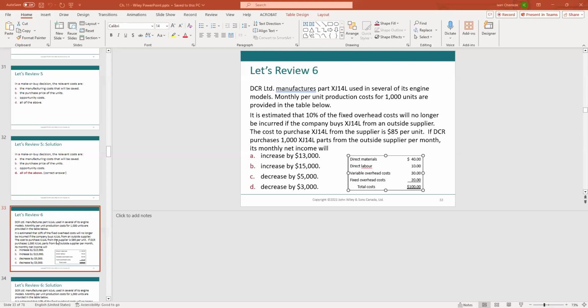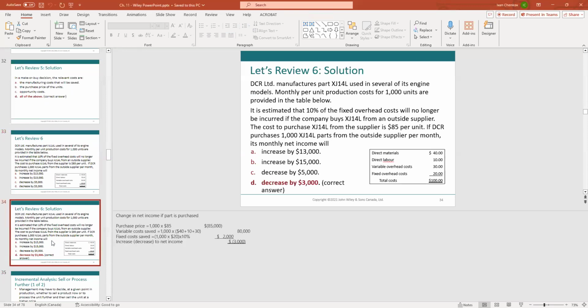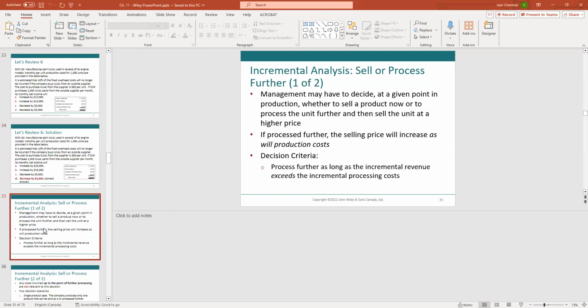So our income in this case is going to decrease by $3,000. Now the next one: should I sell it or should I process further? This decision is when we have a single product which we're selling at some point, and we have to decide whether to modify the product to sell it at a higher price, or keep it the way it is.